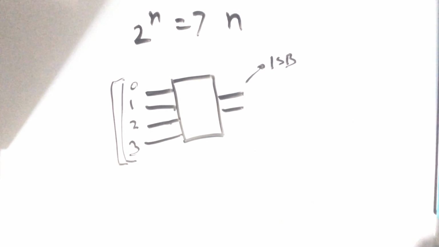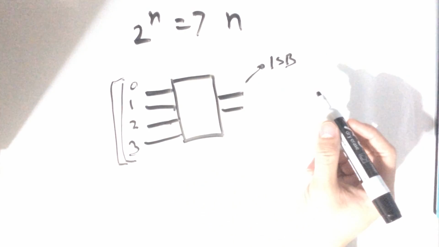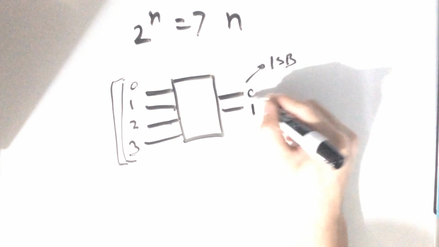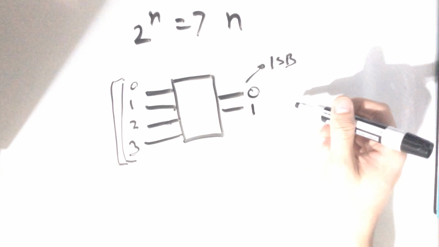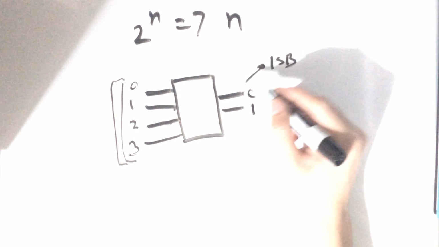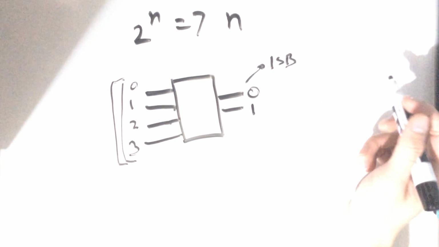Now if 2 was selected, it should give us the value of 1, 0, which is the binary representation of 2, because this is the least significant bit.